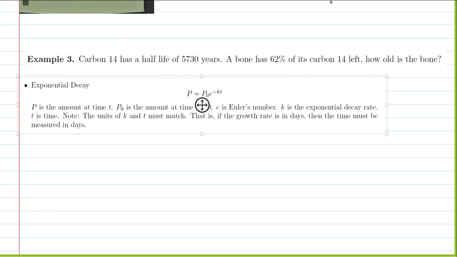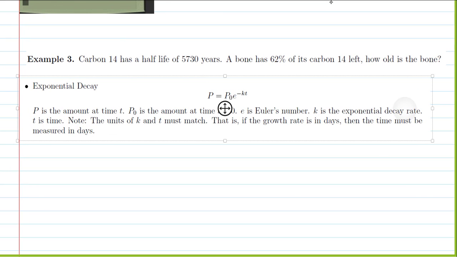So instead of p equals p naught e to the kt, we will have p equals p naught e to the negative kt. All of our constants represent the same thing. The only difference is in the wording. Instead of k being the exponential growth rate, k is going to be the exponential decay rate.